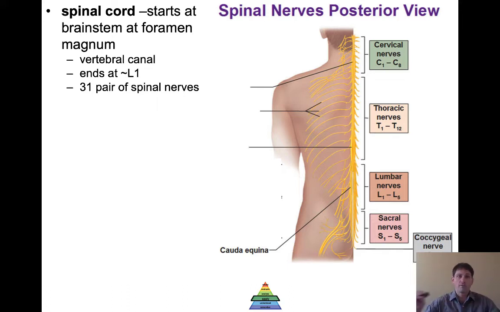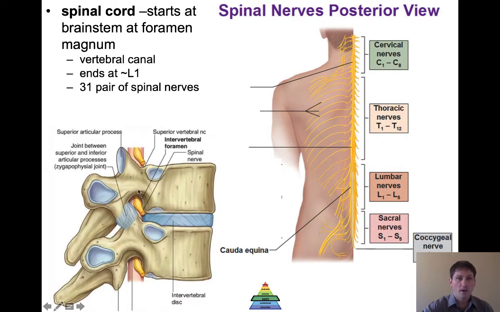Branching off of that spinal cord along the way are different spinal nerves. And so we have 31 pairs of spinal nerves that are going to come off on the right and the left side. And so we can name them accordingly to where they're coming out. So C1 to C8, and those are going to come out through those intervertebral foramen in between our vertebrae.